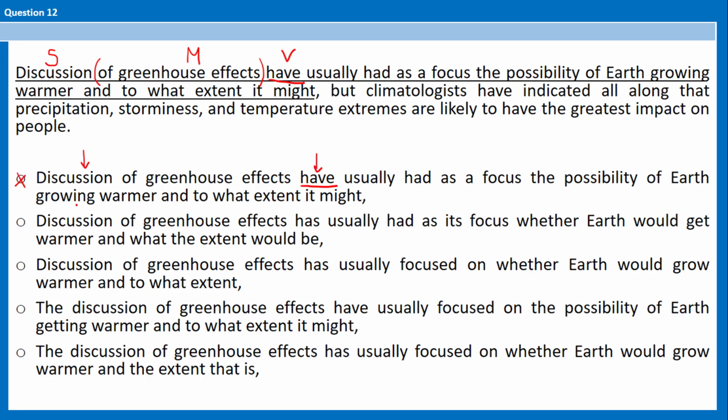Eliminate number 1. In number 2 we have discussion has. Number 3, discussion has. Number 4, the discussion have. And number 5, the discussion has. Okay, eliminate 1 and 4 because have is plural. I need discussion, or maybe the discussion. What other differences do we see?